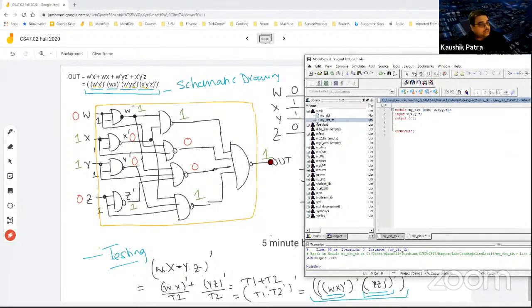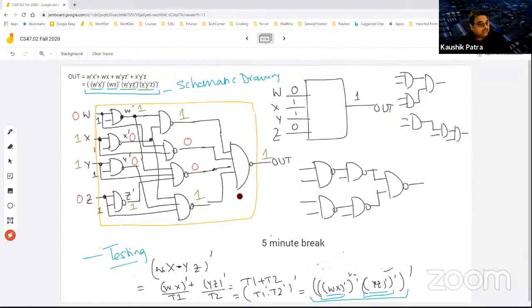Then we need to instantiate, as we call it, and start creating these NAND gates in the description. Apart from the top-level ports, we also have intermediate wires.